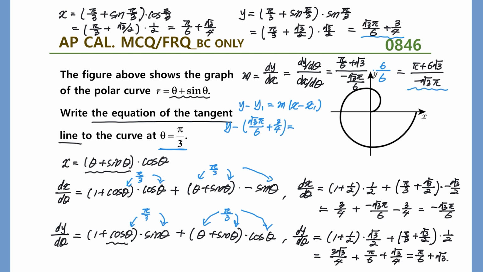Slope is right here: pi plus 6 root 3 over negative root 3 pi, times x minus x1, where the point is pi over 6 plus root 3 over 4. So pi over 6 plus root 3 over 4. That's our equation of the tangent line. It's quite complicated.